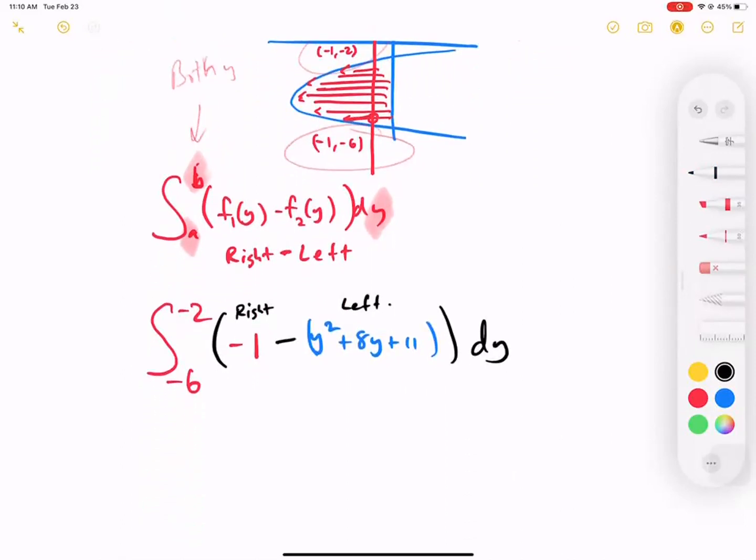So how would you plug this into a calculator? You just plug it in, but instead of writing y's, you just switch it with the value x, because your x's are now your y's. So I would still write this as integral from -6 to -2 of -1 minus x squared plus 8x plus 11 dx. And that's it.